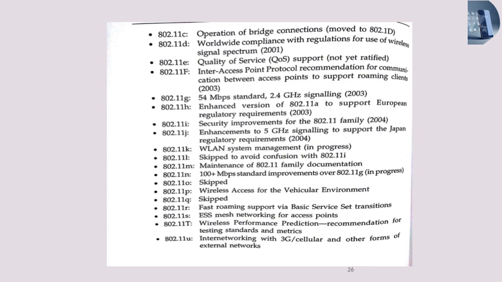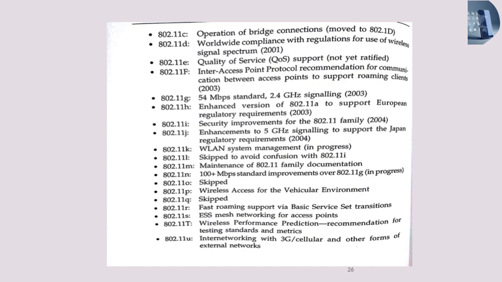802.11o is not available, that is skipped. 802.11p, wireless access for vehicular environment. 802.11q is skipped, that is not available. 802.11r, fast roaming support through basic service set transitions. 802.11s provides ESS mesh networking for access points, and 802.11t, wireless performance prediction, recommendation for testing standards and metrics.